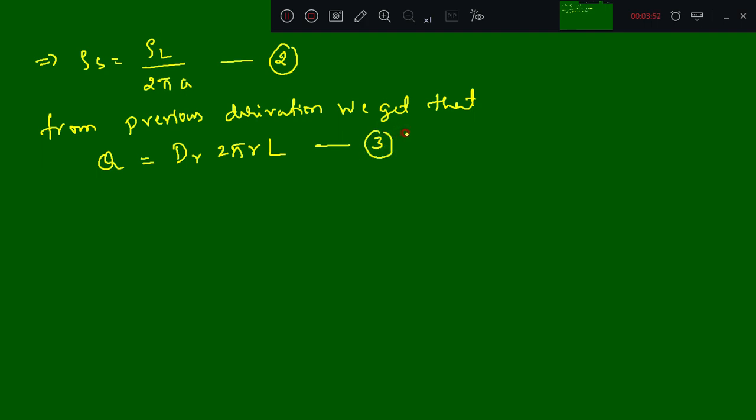Here the R value lies between A and B, where A is less than R is less than B.